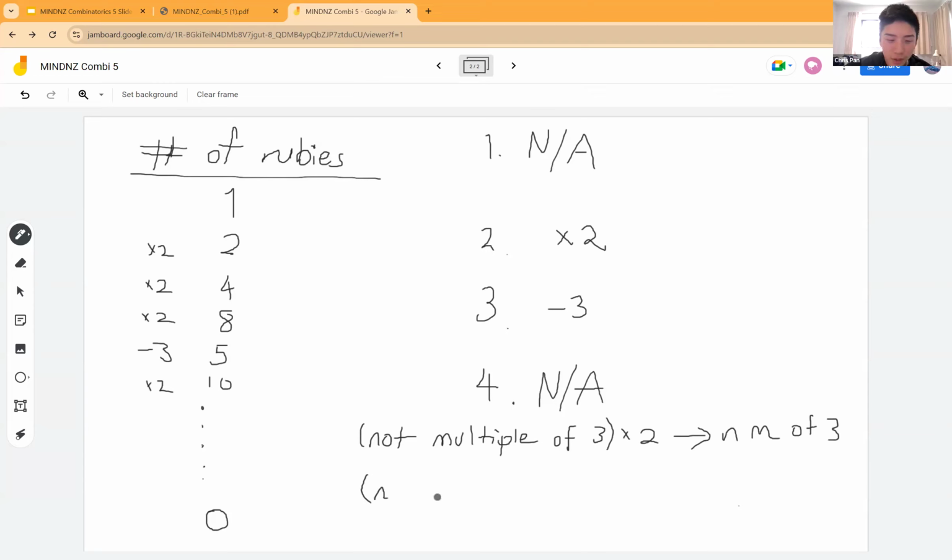If I have a not multiple of three, something that's congruent to one or two mod three, and I minus three, that's going to stay the same mod three. It has the same remainder, so it's not a multiple of three still. So whatever I do, the number of rubies is always going to be a not multiple of three, a one or a two.